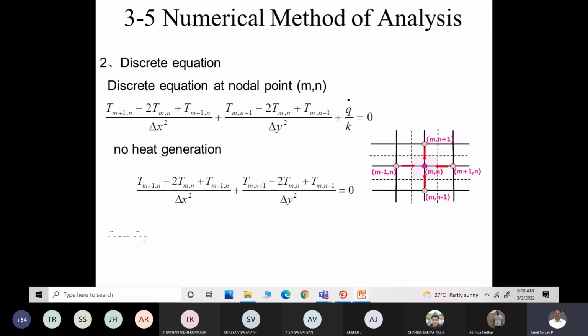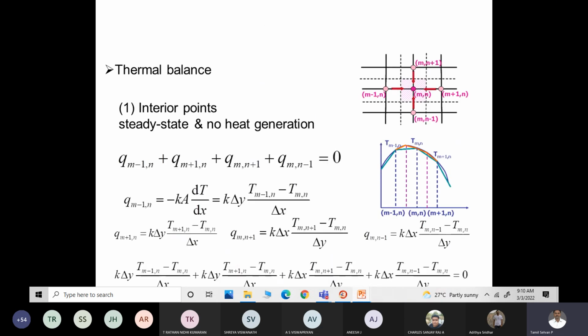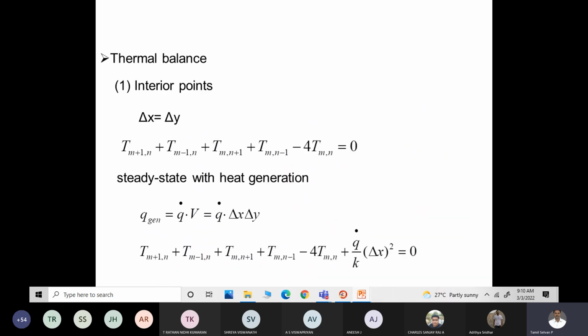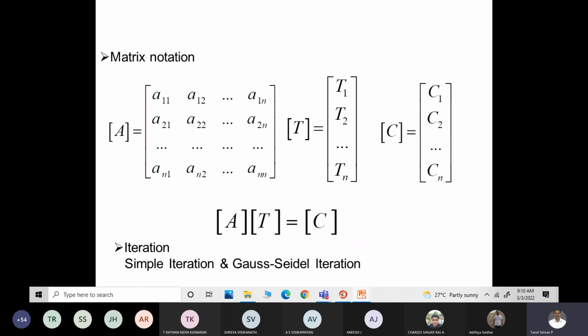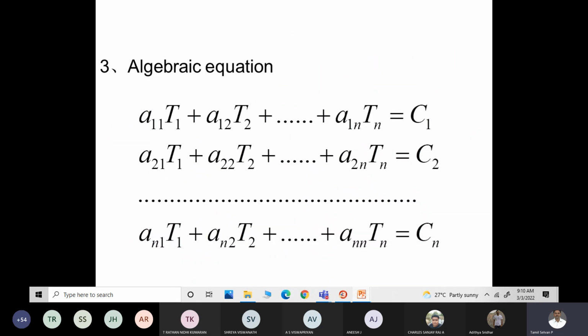You can even use MATLAB also. In the matrix form, you can write the equation like this and you can solve and get the solution.